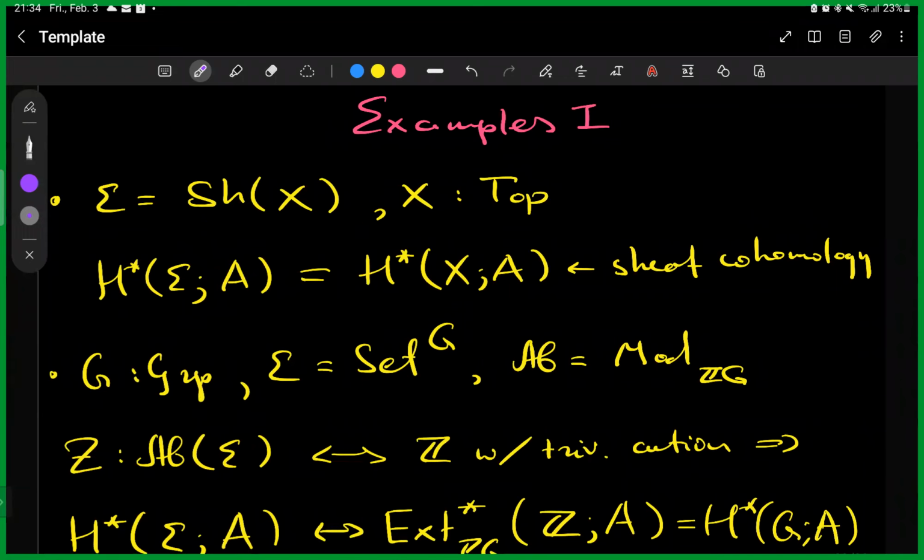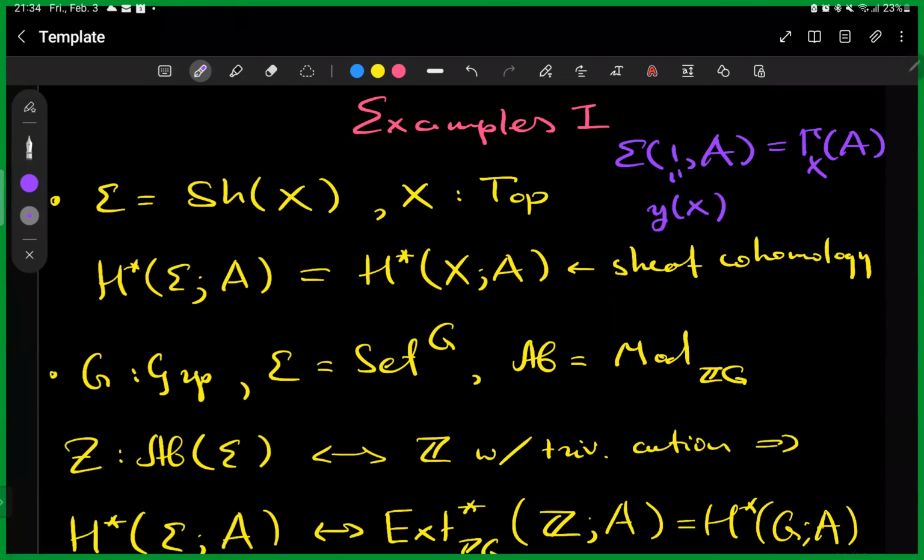The abelian group of morphisms from the terminal object to A, in this case, precisely coincides with the abelian group of global sections over this topological space, because one is the Yoneda embedding of X. That is actually sort of trivial.